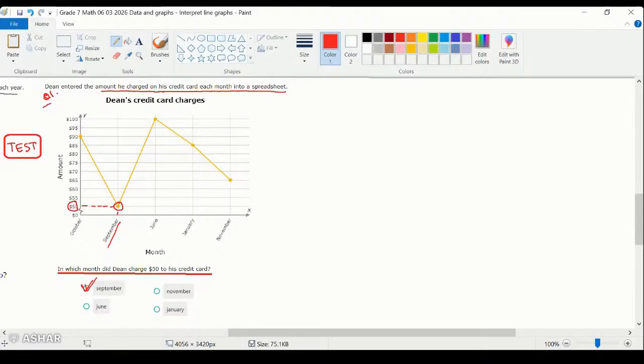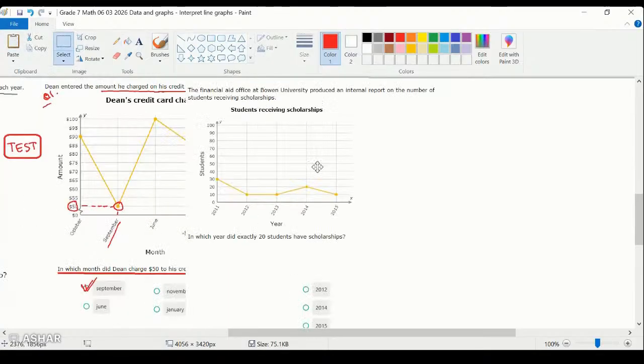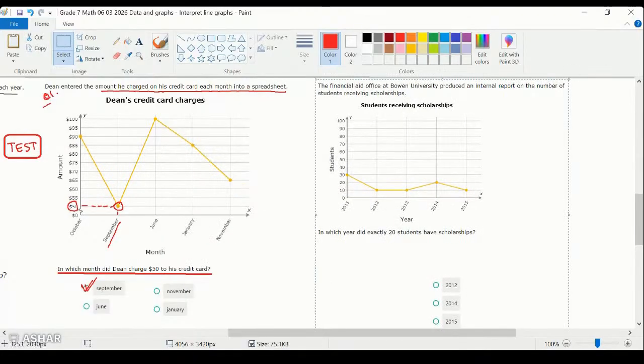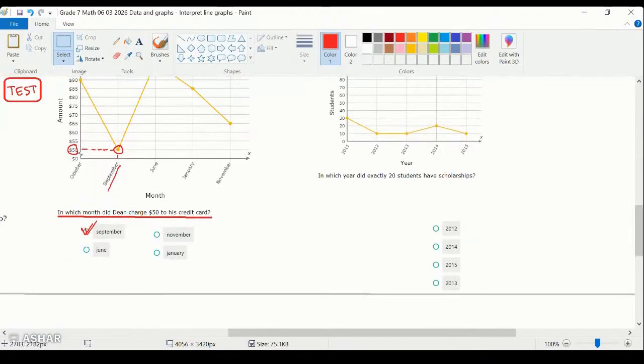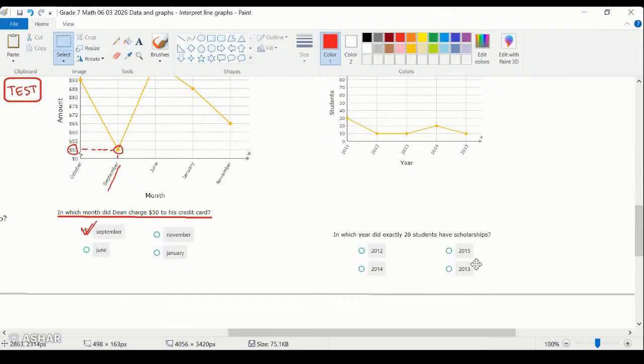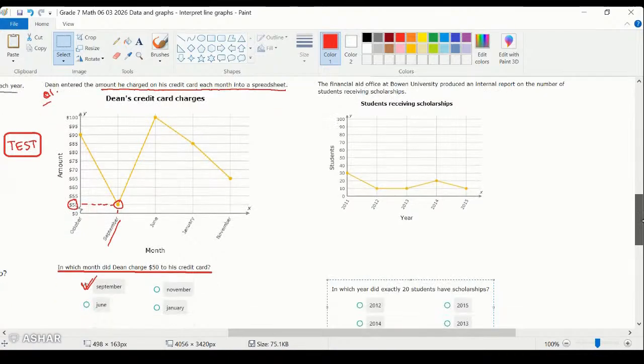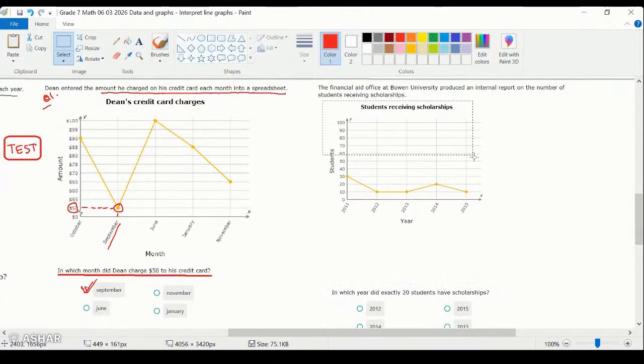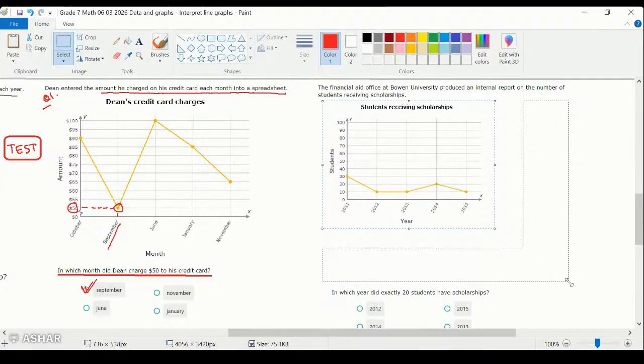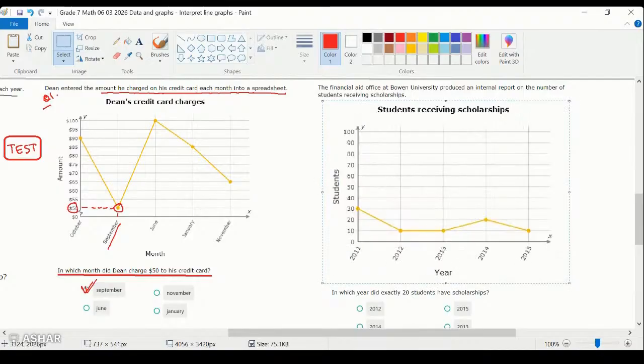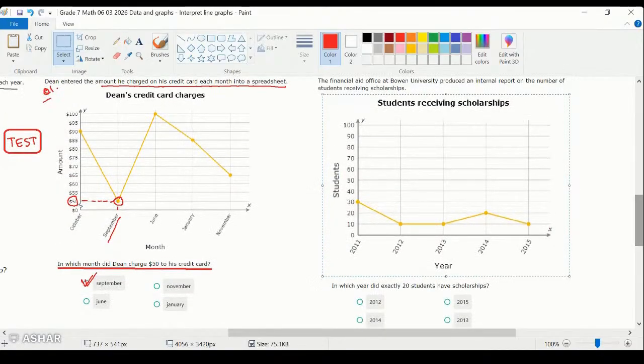Okay, let's move ahead. Let's see what question number 2 is asking us. This is given as question number 2. Let me just copy the options. Okay, the options are given to us. They're talking about the scholarships offered to the students.